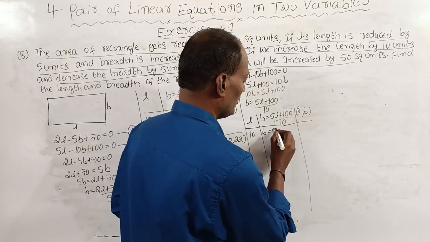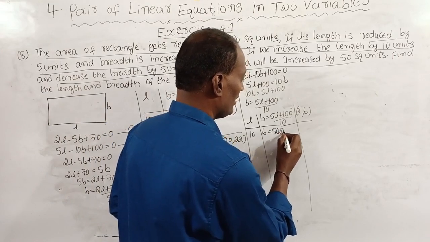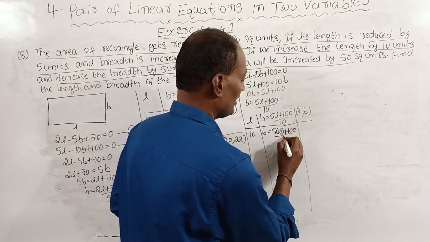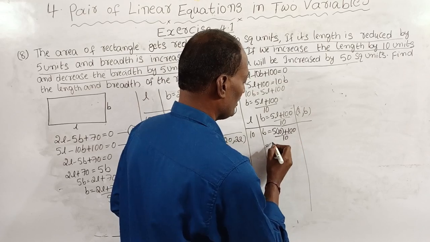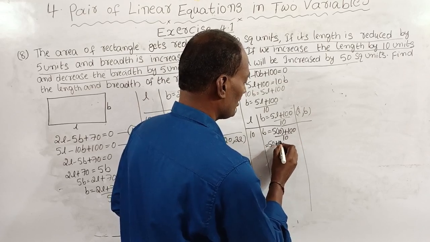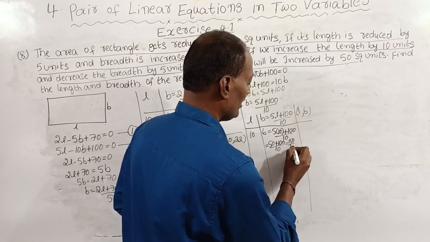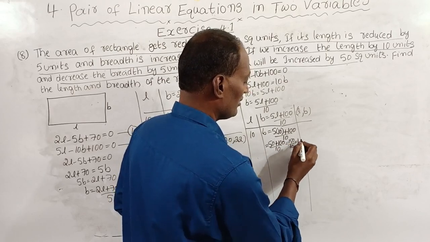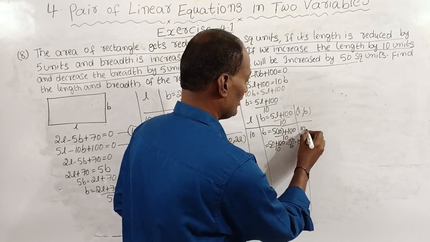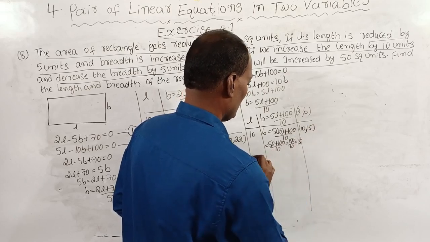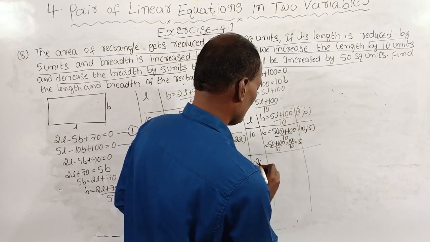B equal to 5 into L, 10. Substitute the 10 value: 5 into 10 is 50, 50 plus 100 is 150, 150 by 10 is 15. The point is 10, 15. Like that, 20.